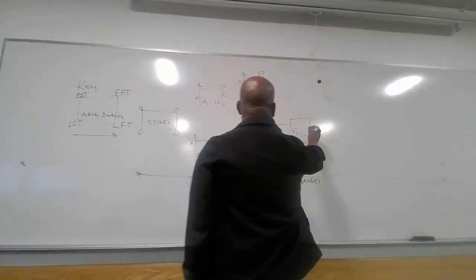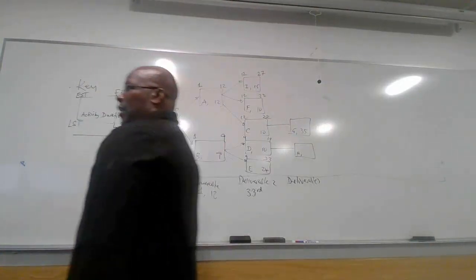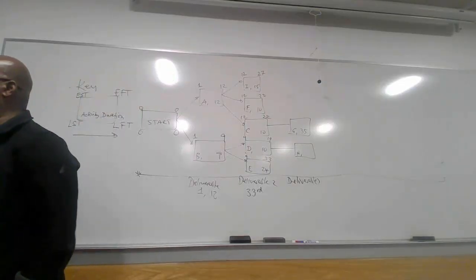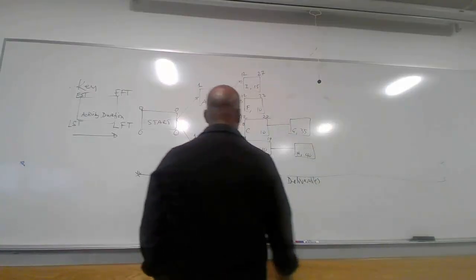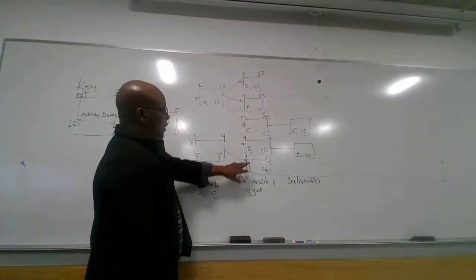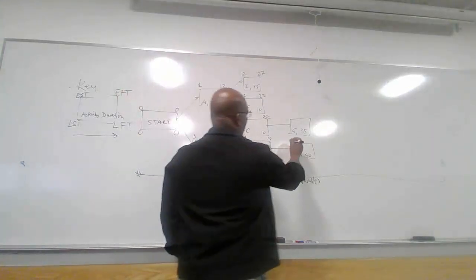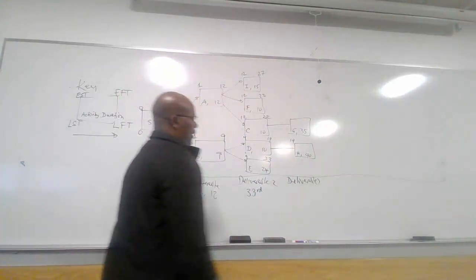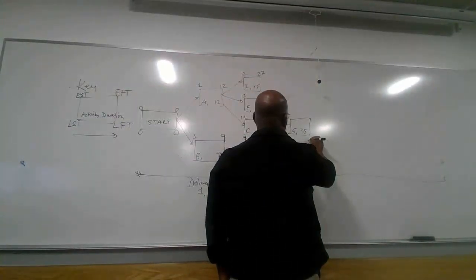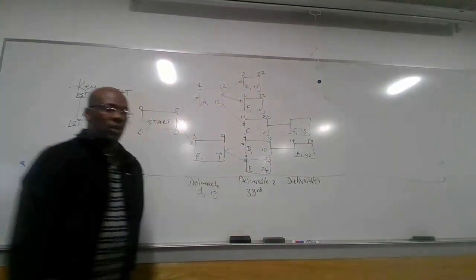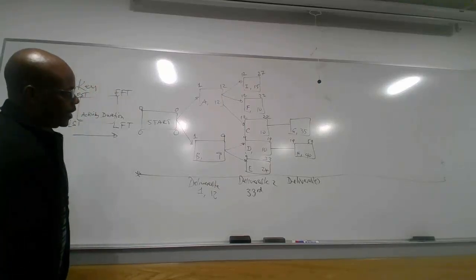It has 35 weeks, and H has 40 weeks. And so H will start when D is completed, and that one will be completed on the 9th. And so here we have 9, we have 59, it will complete on the 59th.